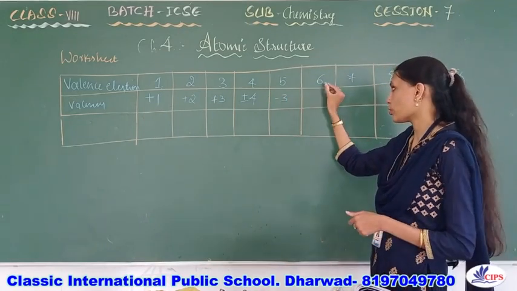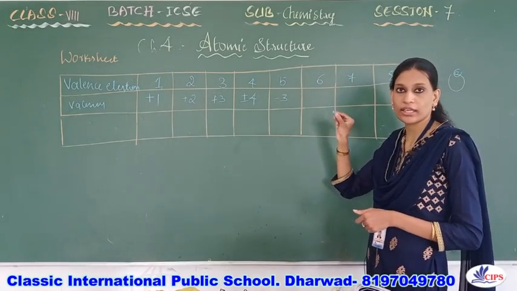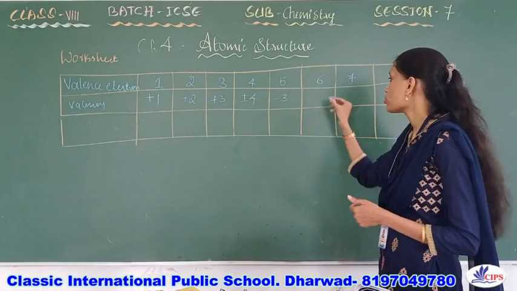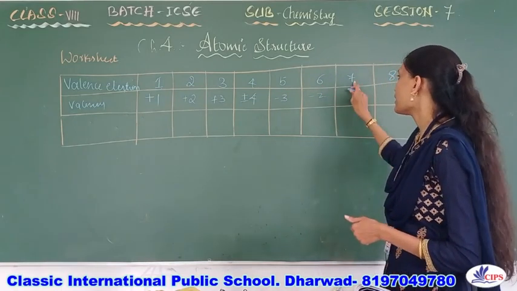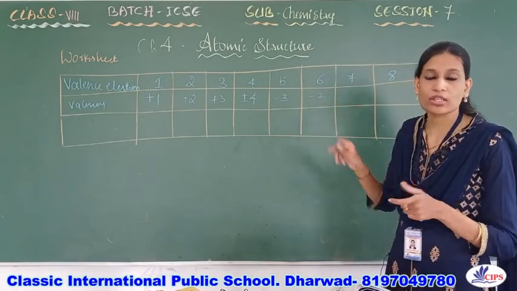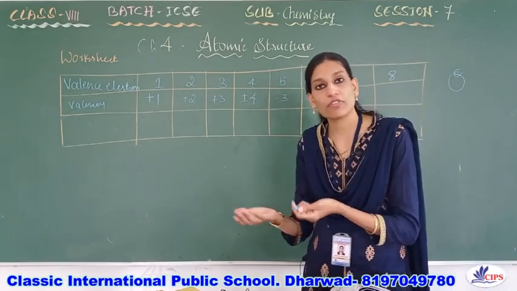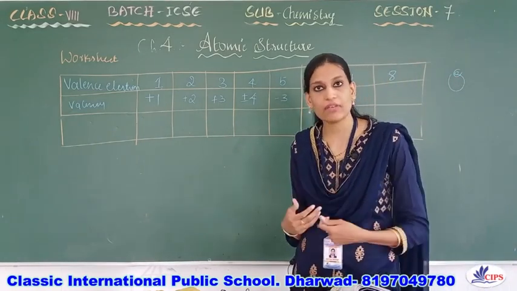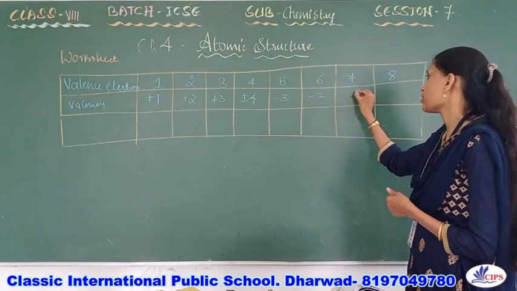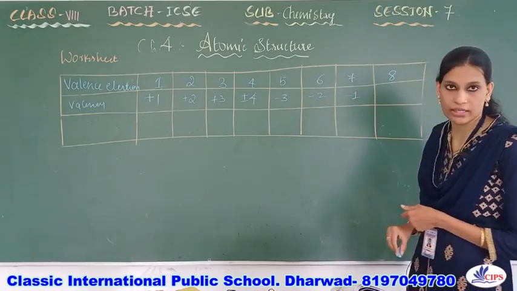Similarly, if 6 electrons are there in its outermost orbit, it is gaining 2 electrons, so the valency is -2. And if it has 7 electrons, instead of giving away 7 electrons, it will gain 1 electron, and therefore the valency is -1.